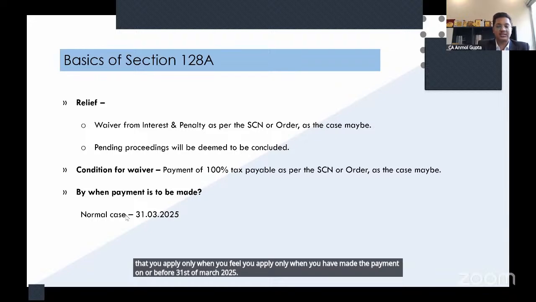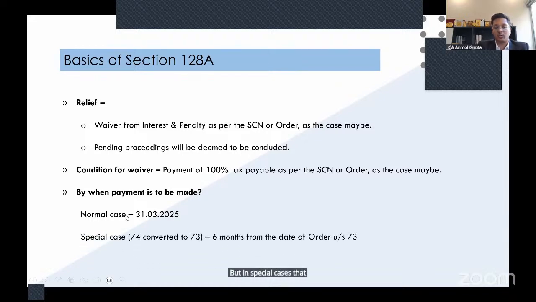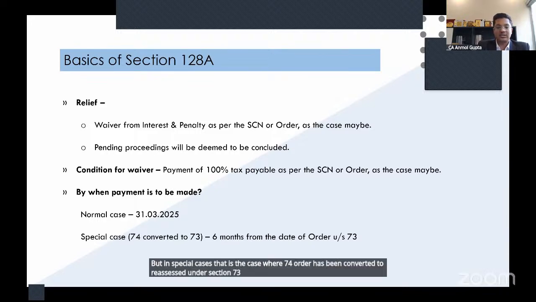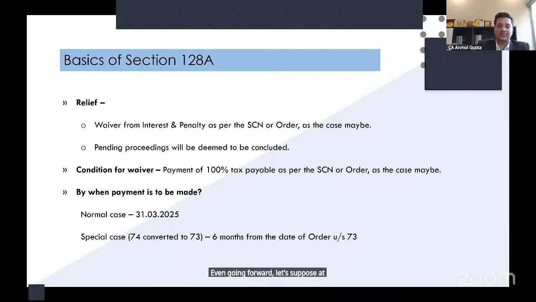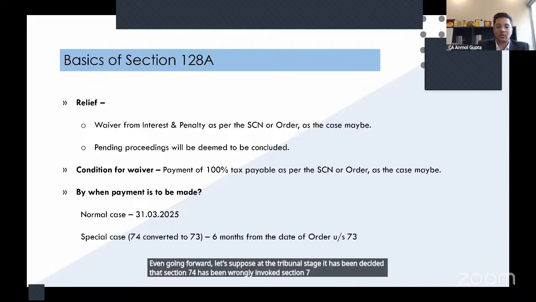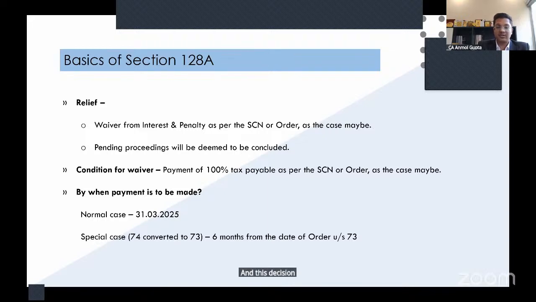But in special cases, that is the case where a section 74 order has been converted to reassessed under section 73, in those cases, within 6 months from the date of order passed under section 73 reassessing the liability, you can make the payment. So even going forward, let's suppose at the tribunal stage, it has been decided that section 74 has been wrongly invoked, section 73 should have been invoked in this particular case, and this decision comes after, let's say, 5 years down the line.